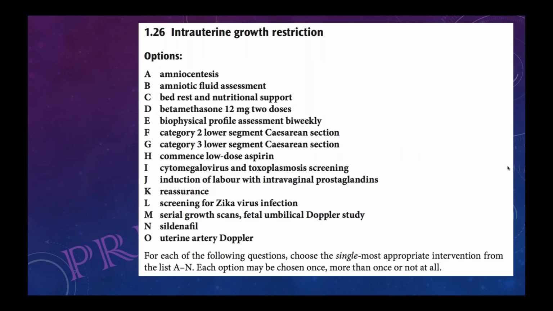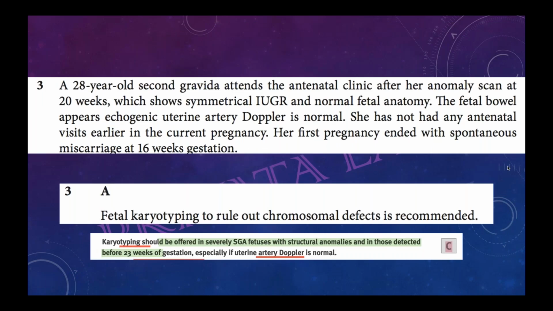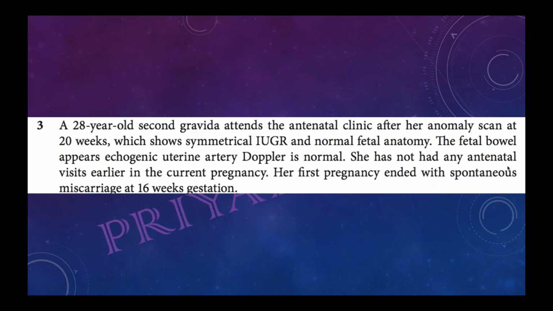Same, madam. Major risk pathway. Major risk. So now you see uterine artery Doppler is normal and IUGR at 20 weeks.